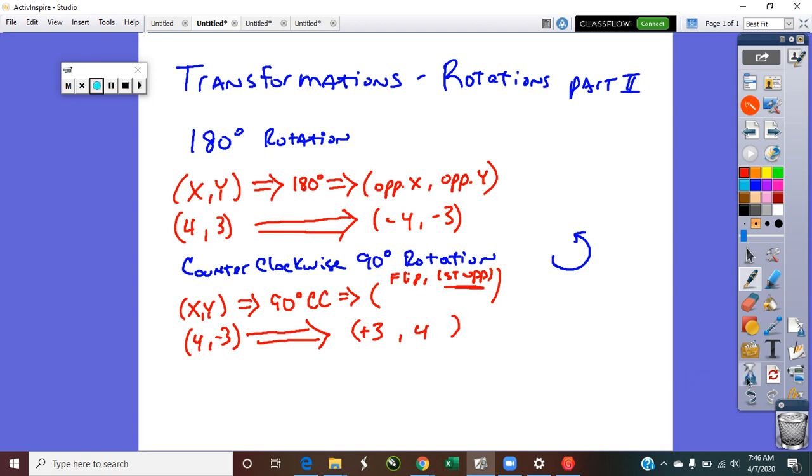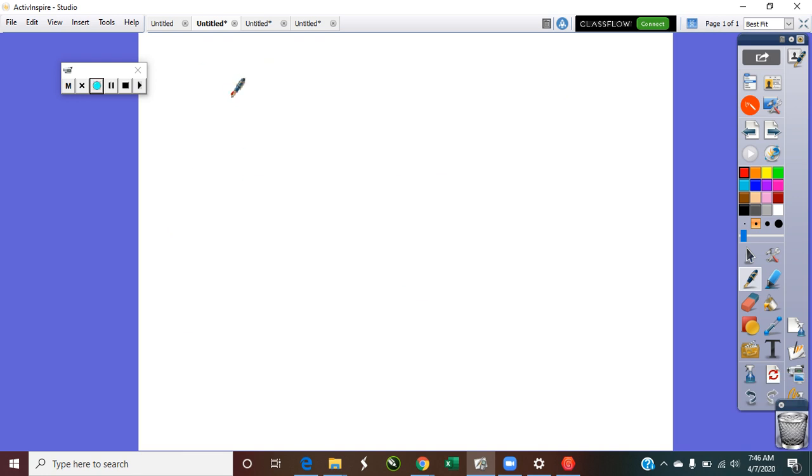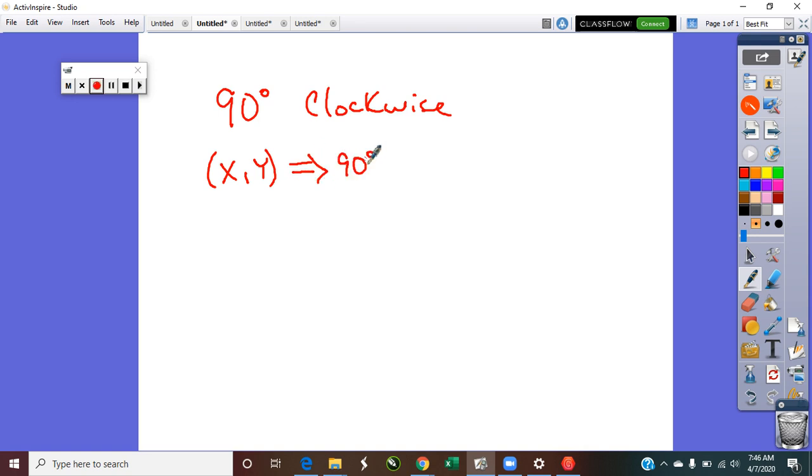So what we're going to do for this lesson, we're going to do 90 degrees clockwise. Now it's kind of the same. We're going to use the same method, but we just have a little bit different rule on this one. So clockwise rotation, we've got an X, Y, and we're going to 90 degrees clockwise rotate that.